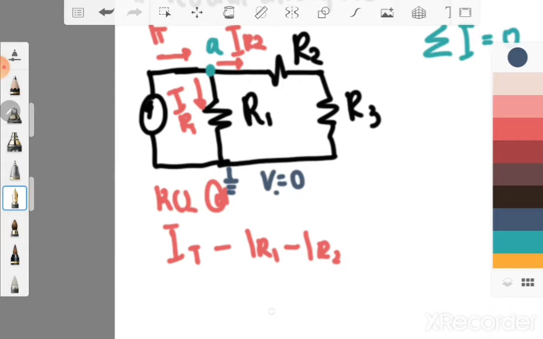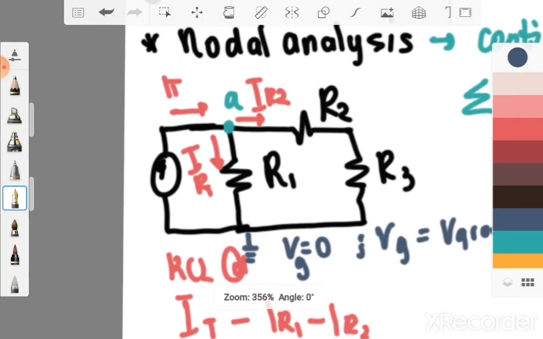Voltage at ground, take note that I used Vg as the voltage at ground. And then, you will indicate a voltage at each node. Since I have a node here, or your A, I will indicate it as your VA.